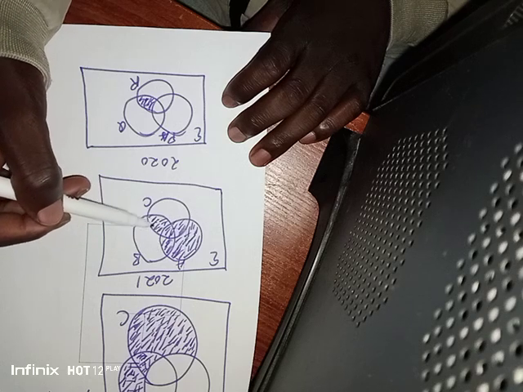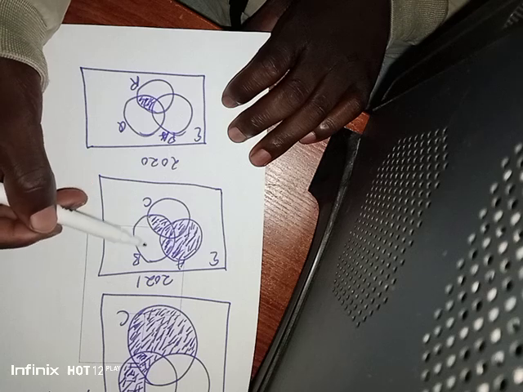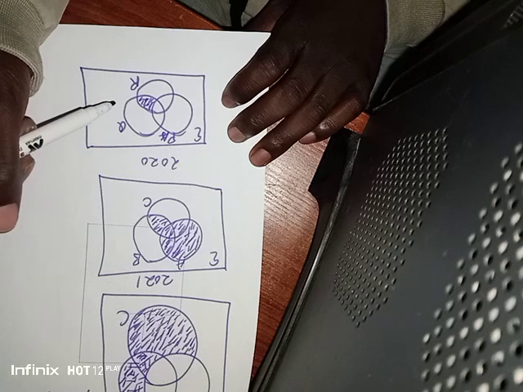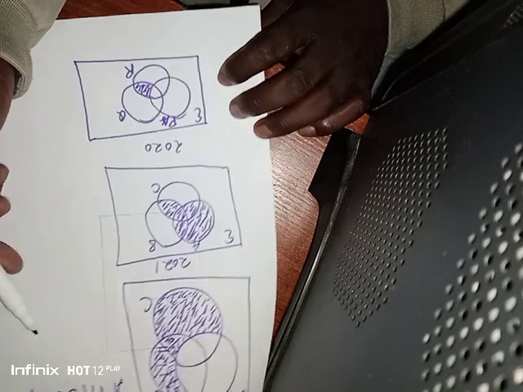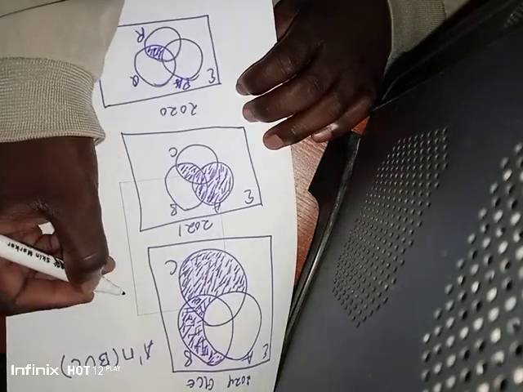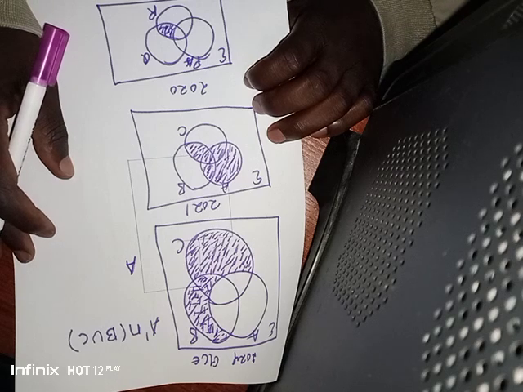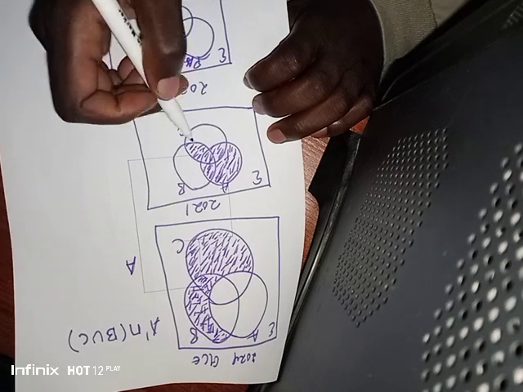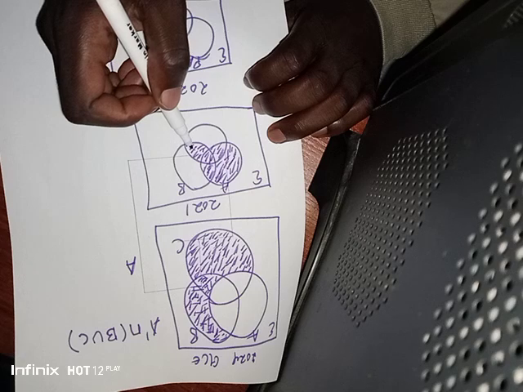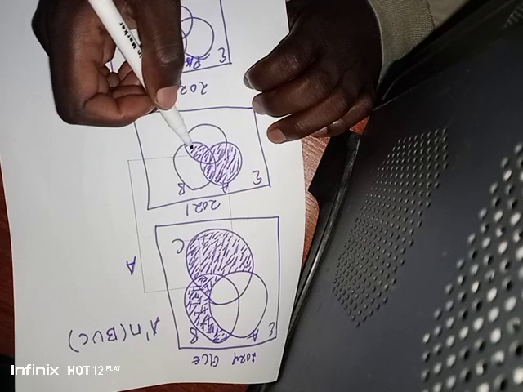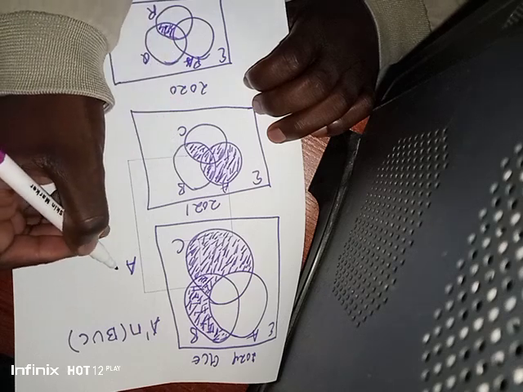And if you identify this one nicely, it's just the intersection set of B and C. So what are we going to do here? We're going to say A. Now, what are we combining? Because we're including this part here, and this part here, I'll say union.